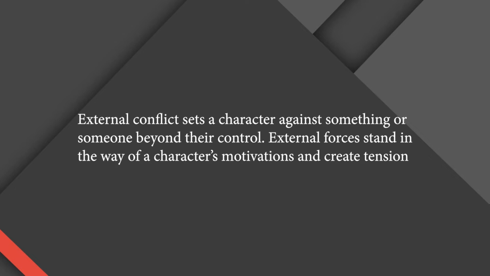External conflict sets a character against something or someone beyond their control. External forces stand in the way of characters' motivations and create tension. Including both internal and external conflict is very crucial to a story, because as we all know, life is a mixture of both.